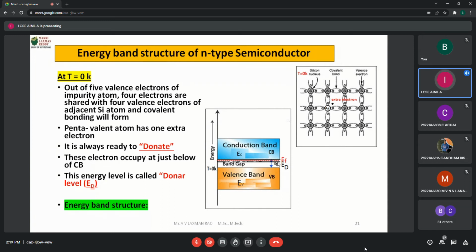It is nothing but arsenic is always ready to donate free electrons even at 0 degree Kelvin. These electrons have a higher energy than the valency band, but less than the conduction band. That's why the donor energy level, ED, is just below the conduction band. When temperature is 0 degree Kelvin, this happens.